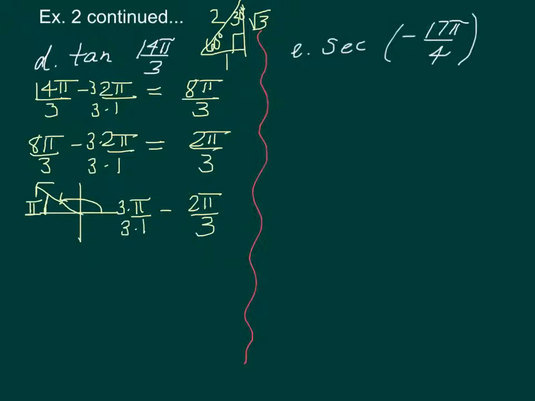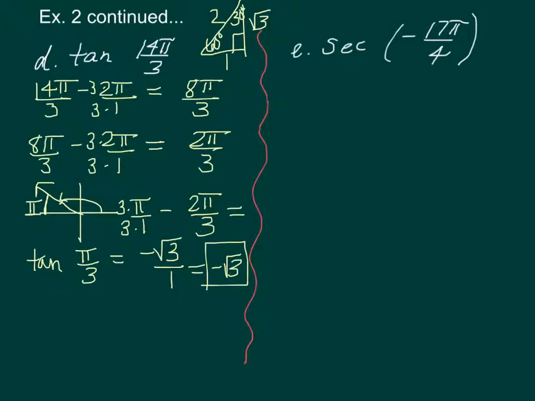So again, the common denominator, 3 pi over 3 minus 2 pi over 3 gives us 1 pi over 3, which is 60 degrees again. So we're doing tangent of pi over 3, but in quadrant 2. So that'll be opposite over adjacent, but negative. So our answer is negative radical 3.